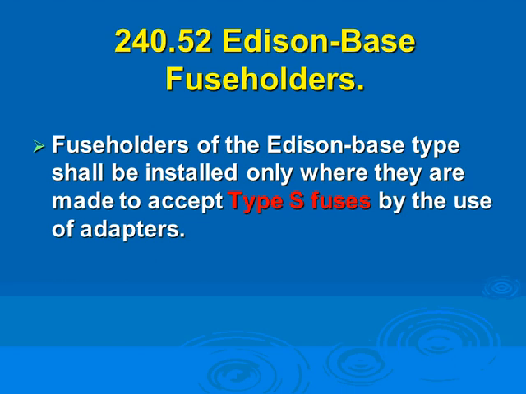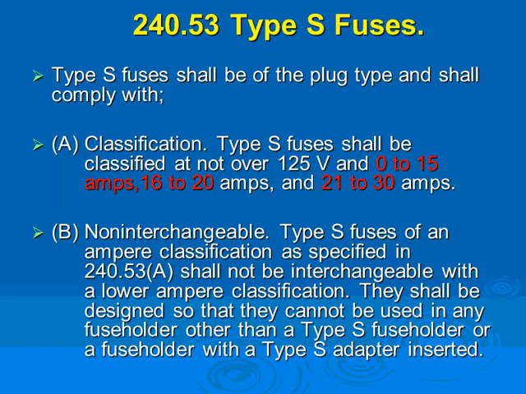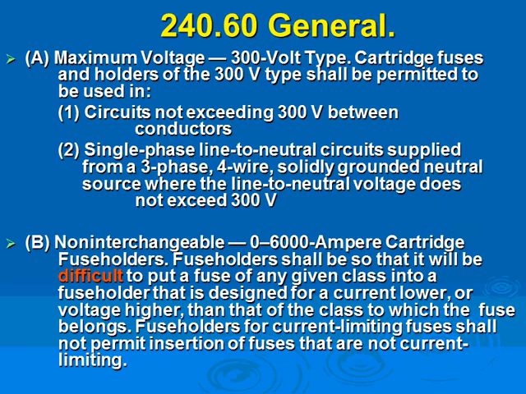You cannot put a 20 or 30 amp fuse in, and so forth. Okay, so here the S type fuses take you from 0 to 15, 16 to 20, and 21 to 30. If you guys remember, this will be 14, this will be 12, and this will be 30 amp. And you cannot put a 30 amp fuse in a place where a type S fuse 15 should be. Right? Makes sense with these fuses.